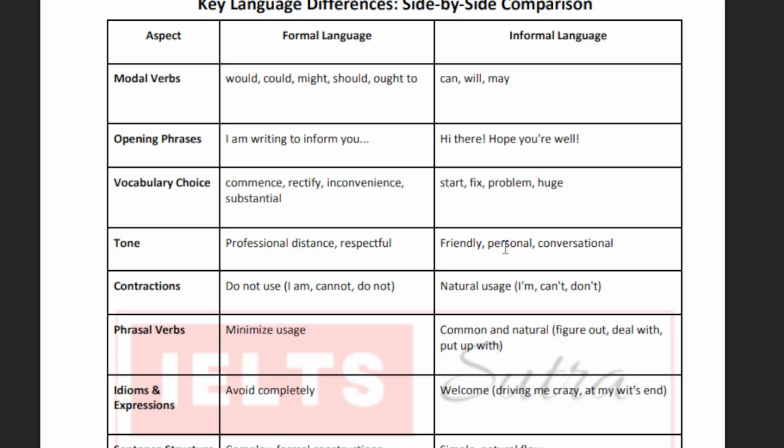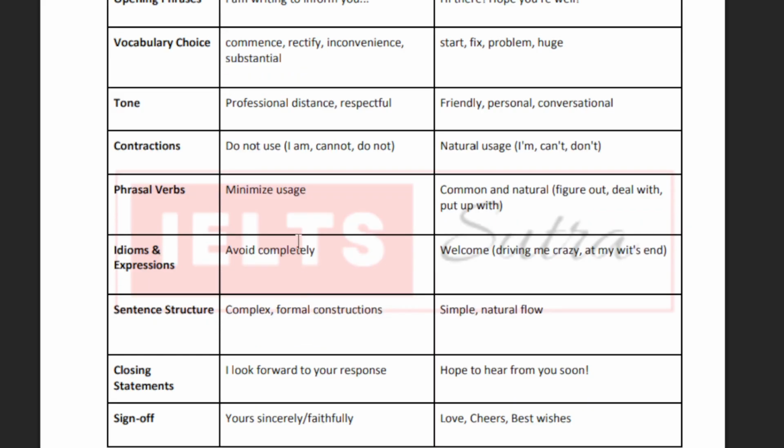Contractions are not allowed in case of formal letters, but they are a natural part of informal letters. Phrasal verbs: in case of formal letters there is minimal usage of these, whereas in case of informal letters, phrasal verbs are more common like figure out, deal with, put up, etc. Idioms are avoided completely, but in case of informal letters they are welcomed.